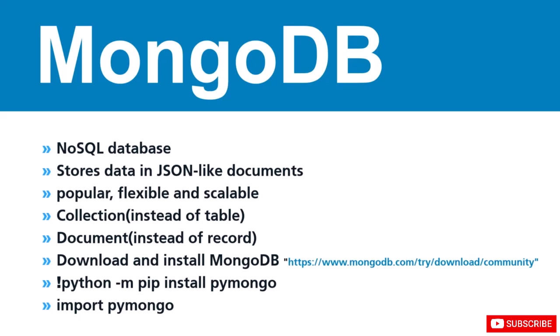In MongoDB, we use collections instead of tables and documents instead of records or rows. And to work with MongoDB, you need to download and install the MongoDB database on your device. You can download the community version from this link here, www.mongodb.com/try/download/community.